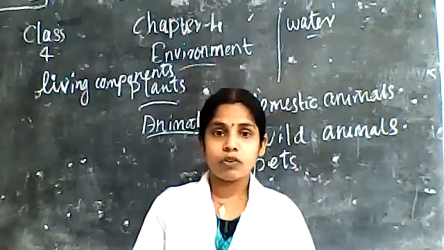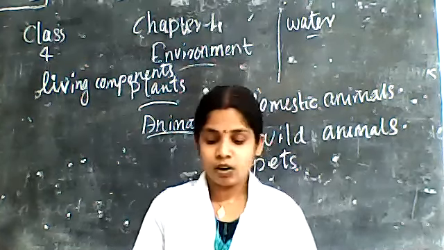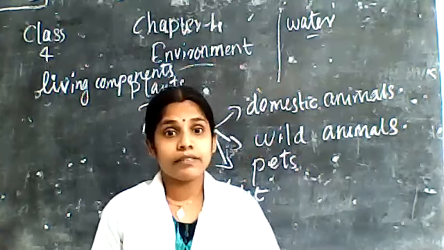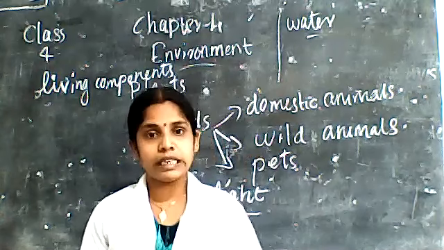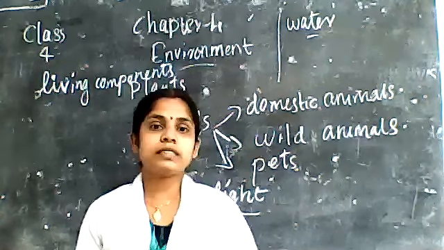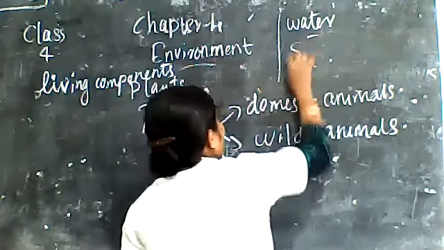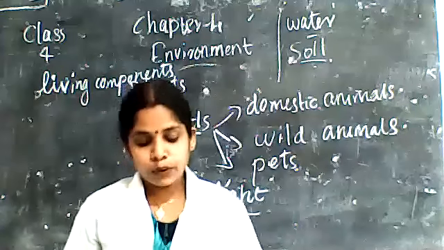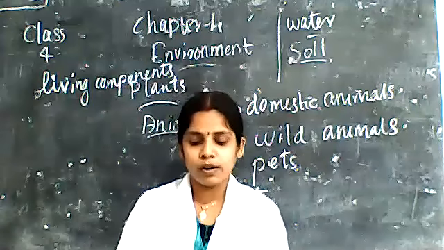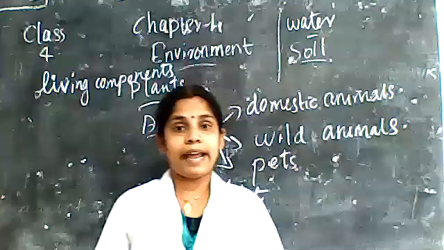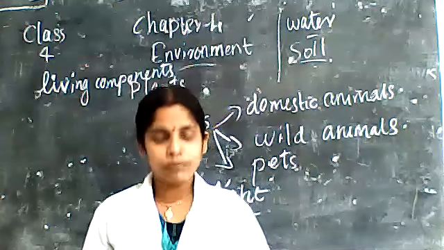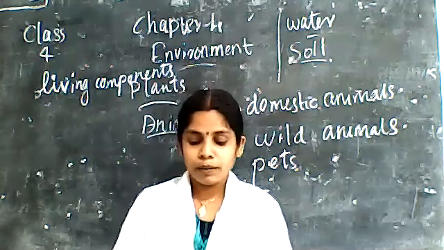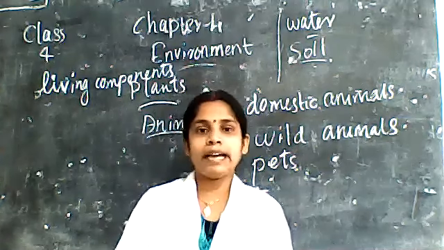It covers over 70% of the earth's surface. Okay. Next one, soil. Soil is another important non-living component of the environment. Soil forms the upper surface of the earth. It is a mixture of minerals, air and water.